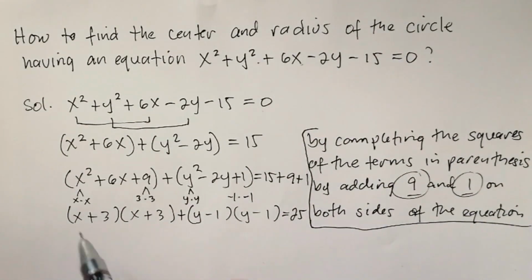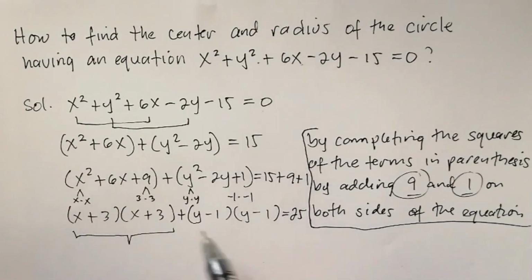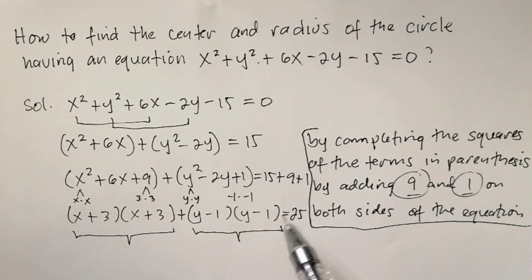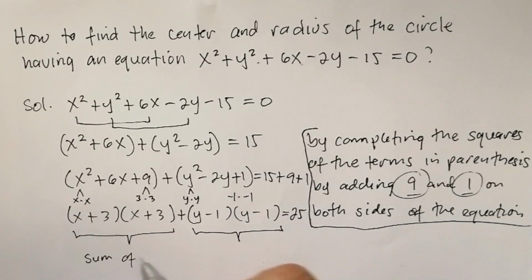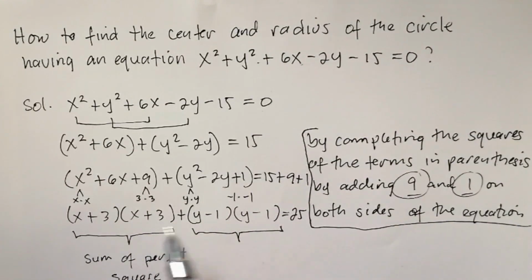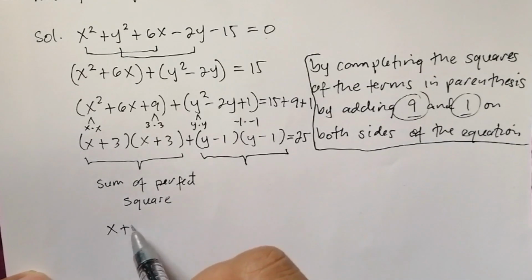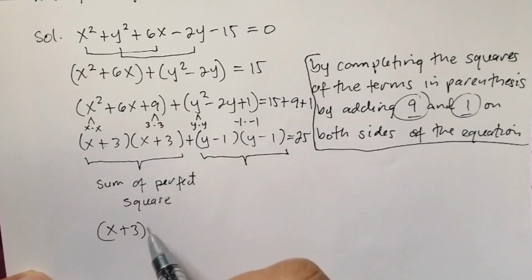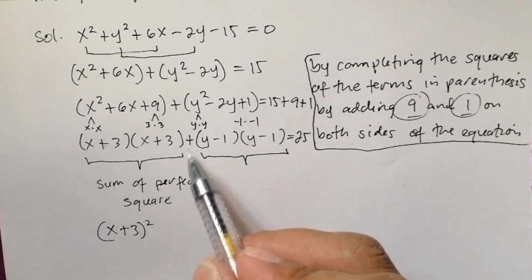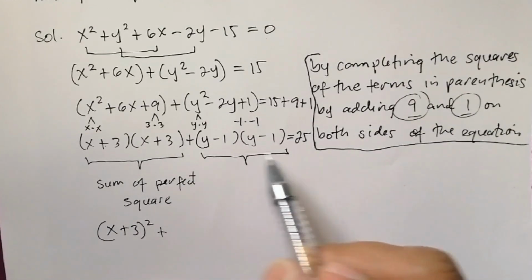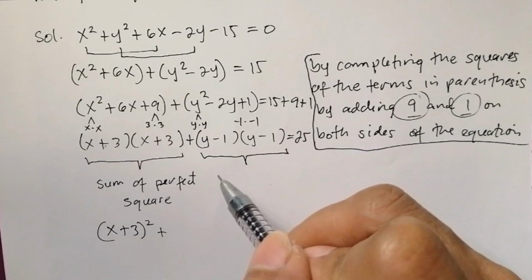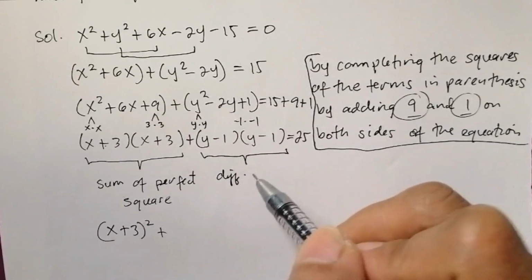By this expression, this is the sum of perfect square. So this will be written as bracket x plus 3 bracket square plus, on the other part, this expression is a difference of perfect square.